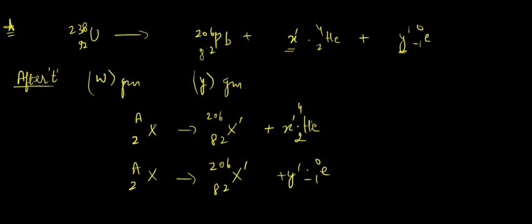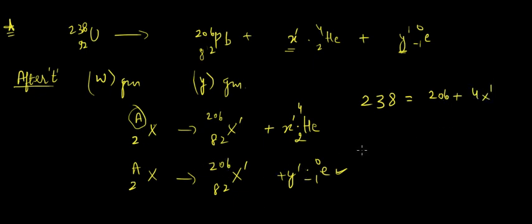From here we can write that as beta particle is not contributing to the overall mass A of the uranium 238, only helium particle is contributing, so we can write that 238 would be equal to 206 plus 4 times X dash.